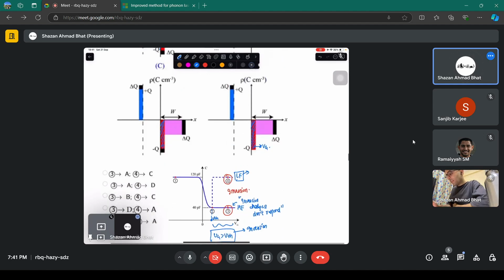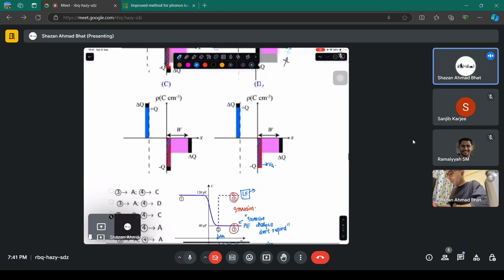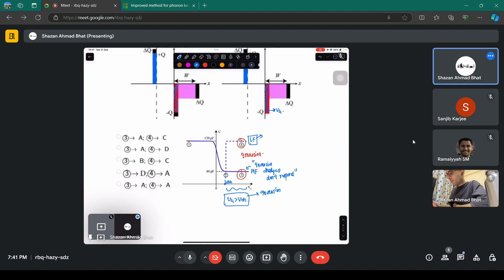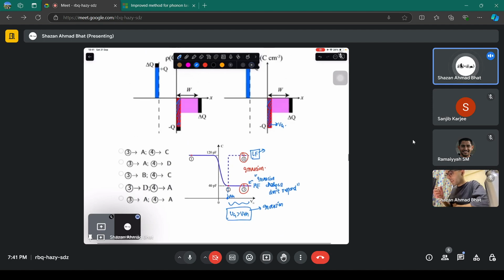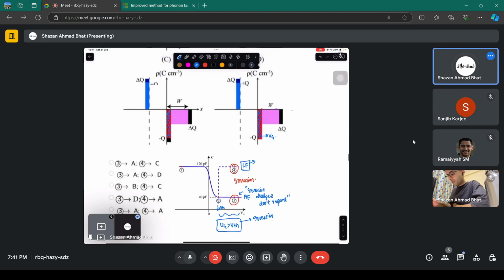Now you have the high frequency and low frequency cases. Because of low frequency, extra electrons will respond, so more electrons will come up near the inversion region. But in the high frequency region, they are not going to respond.